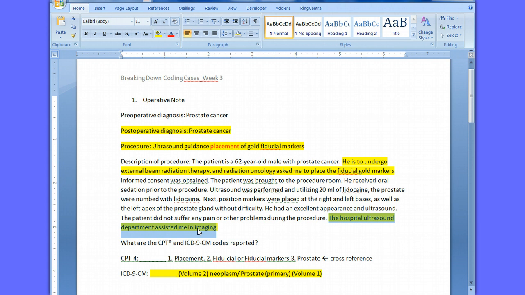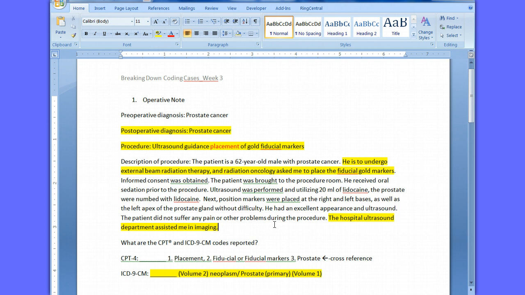And so the provider will only bill for placement of the fiducial markers. And then the hospital will bill for the ultrasound imaging guidance for the same date of service for the same patient. And they will not need to use a TC modifier because they're providing the full service. So that's why it's important to understand the rules related to inpatient, outpatient, how the provider bills for radiologic or diagnostic testing in either setting.